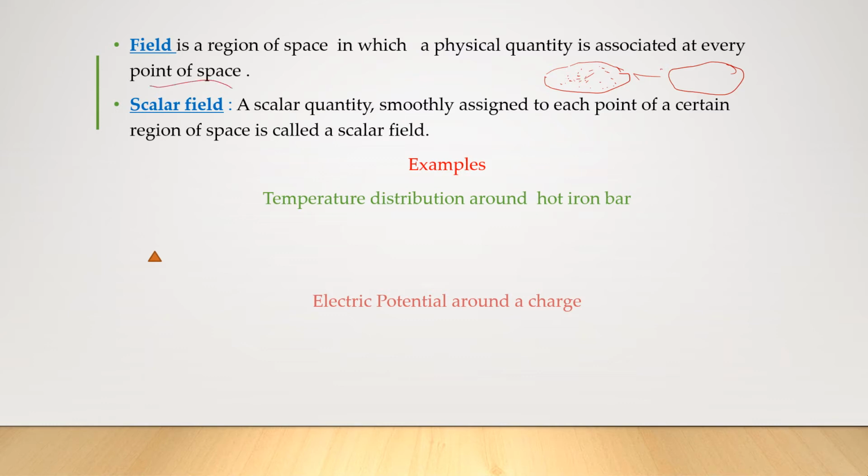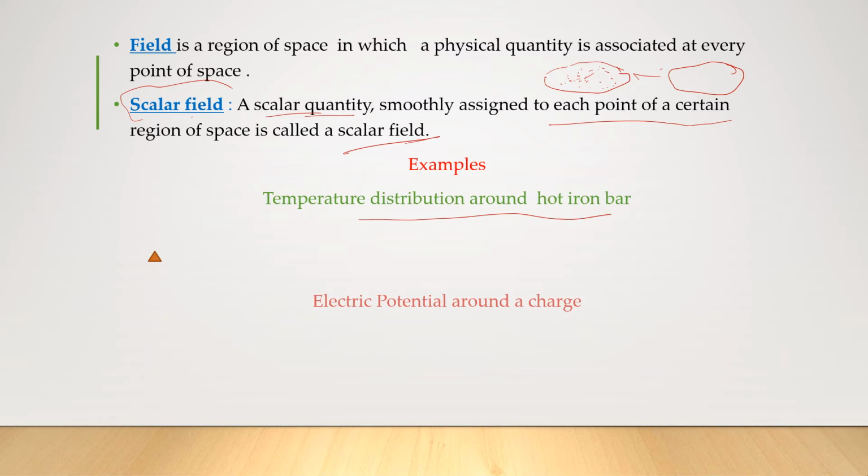Then scalar field. Whenever you associate a scalar quantity in that region of space, not at one point, you should associate that scalar quantity at every point. Then we will call that as scalar field. Example, temperature distribution around a hot iron bar.